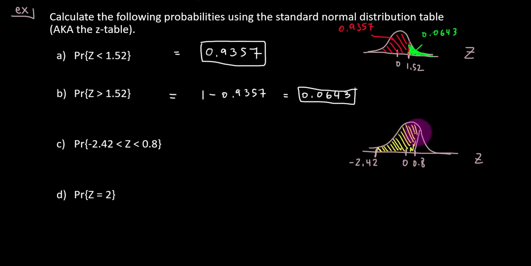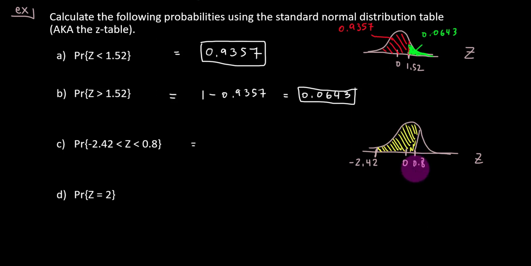So now that we've got this region visually represented in front of us, how are we going to determine this with the z table? Okay, here's the idea. We've got two z values. We got to look them both up. I'm going to look up the bigger one, 0.8 first. Doesn't really matter, but it makes sense to do the 0.8 first. Because check it out.